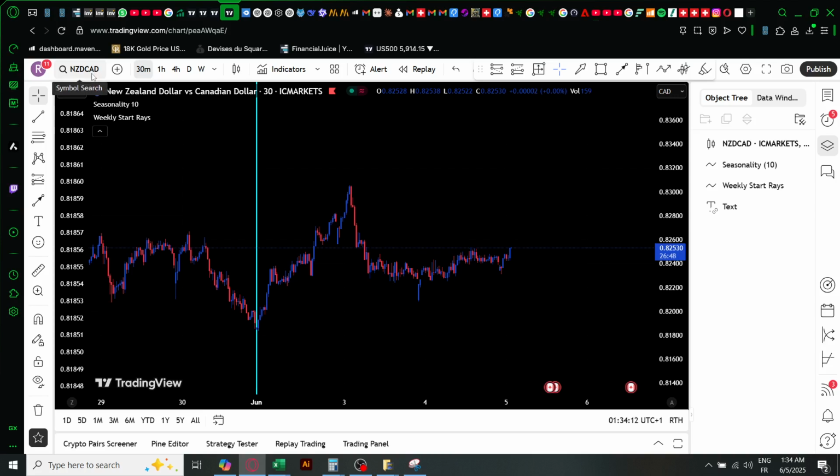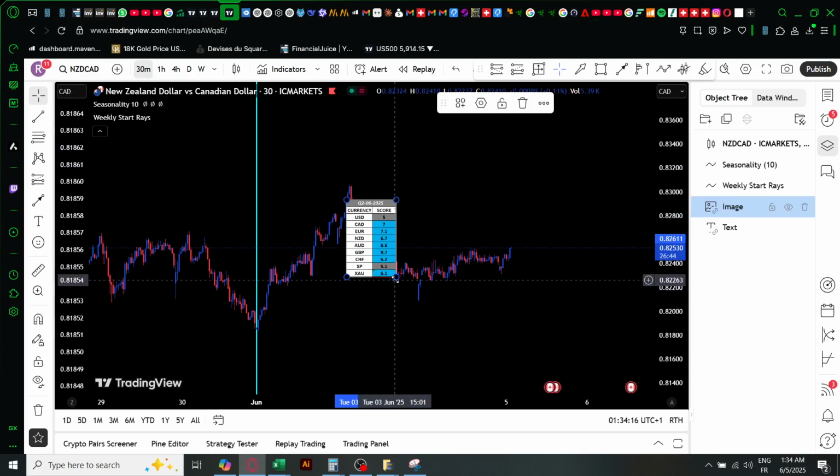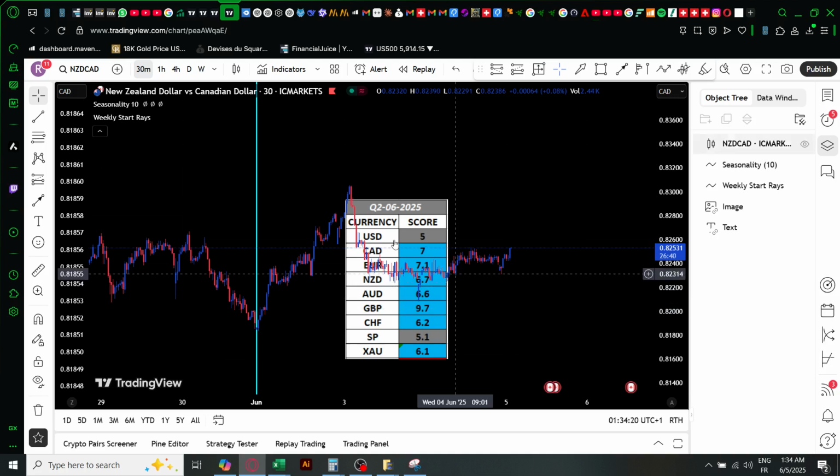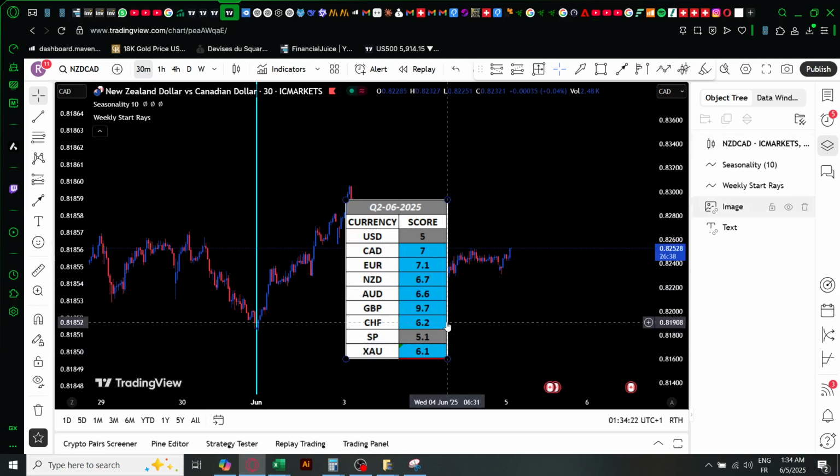Let's check another market where I can use this table with the seasonality. So let's try the EURUSD.